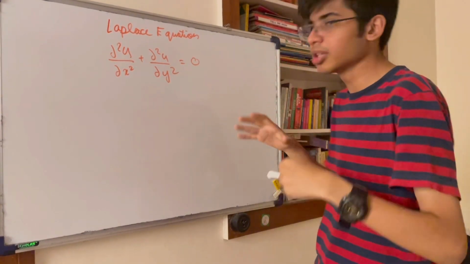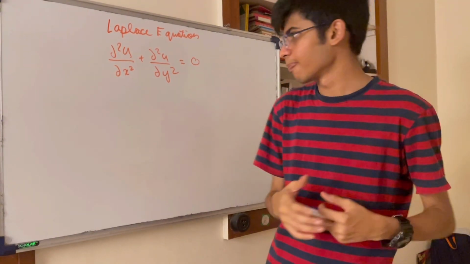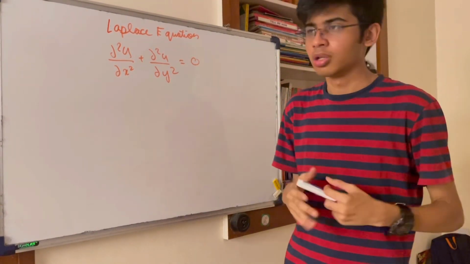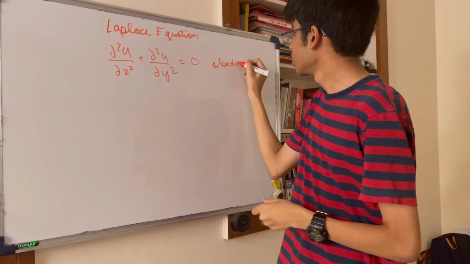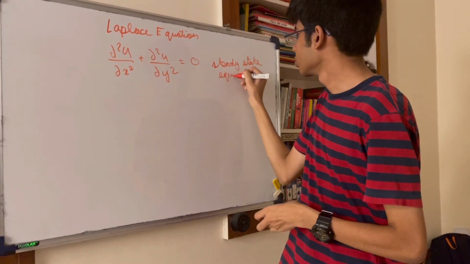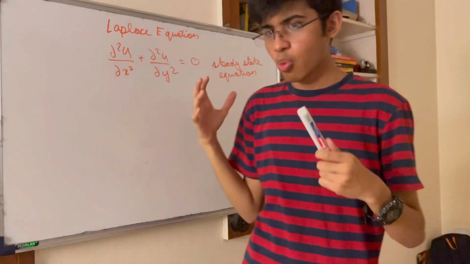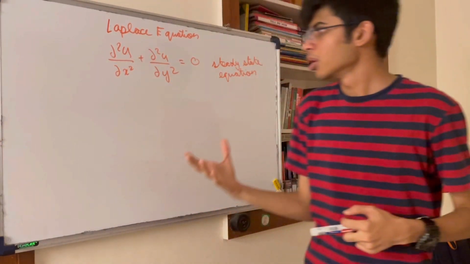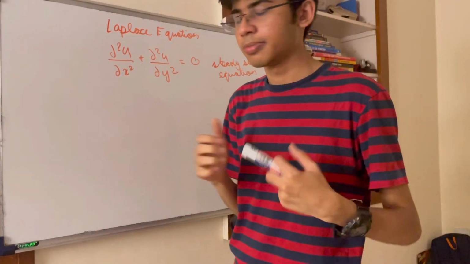But let's think about time, because most equations are defined with respect to time. Here time doesn't matter, so this means it's a steady state equation. That means with the passage of time, the way I solve this equation doesn't really change, right?